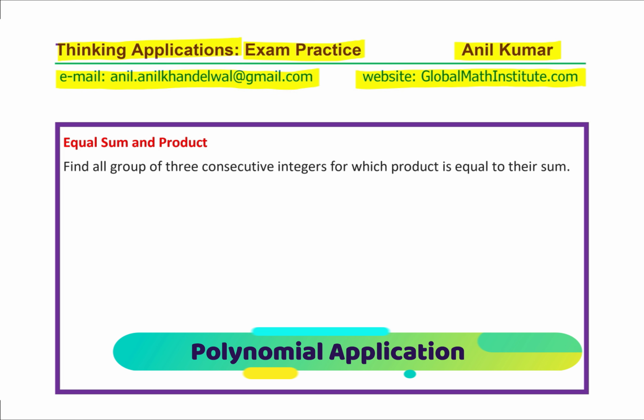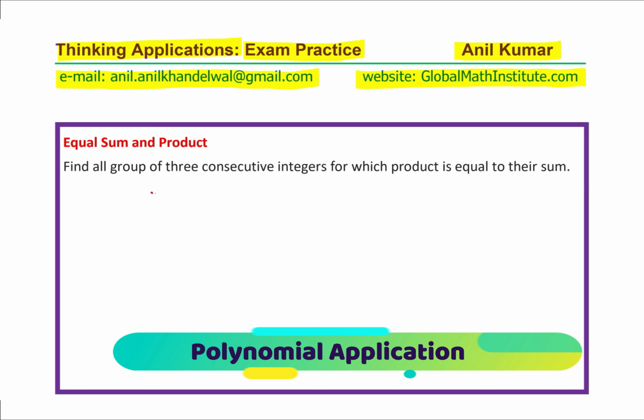Now let's try to understand the question itself. It says find all groups of 3 consecutive integers for which the product is equal to their sum. So the 3 consecutive integers could be like what?